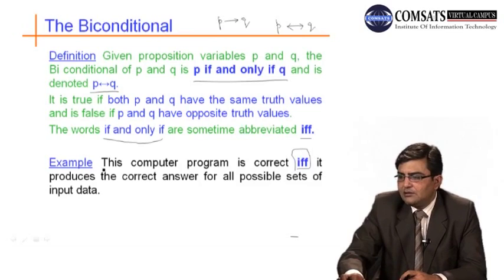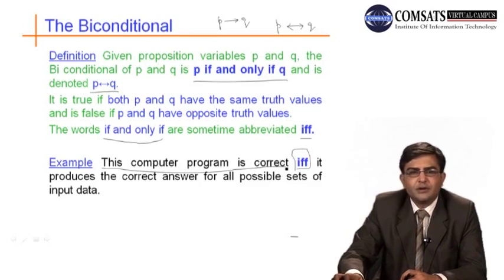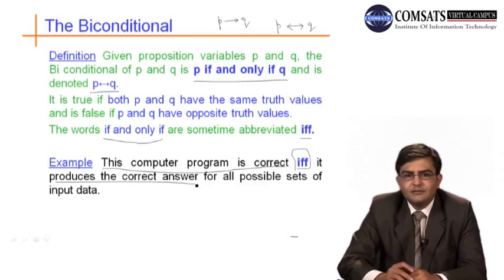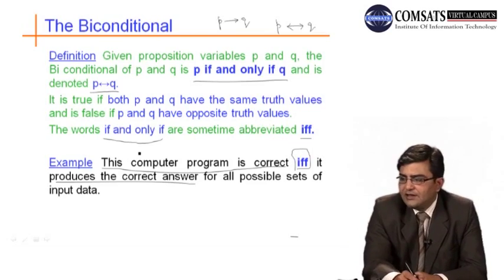Here I have written that if and only if can be abbreviated as IFF, and it is read again as if and only if. So you can see that if we take P as this computer program is correct, and Q as it produces the correct answer for all possible sets of input data, the condition is on both P and Q.